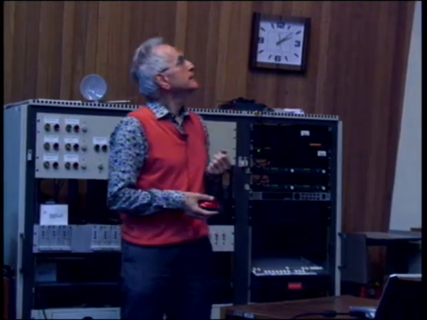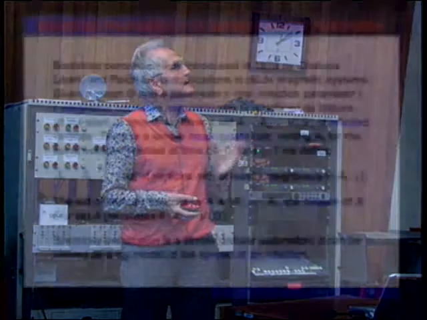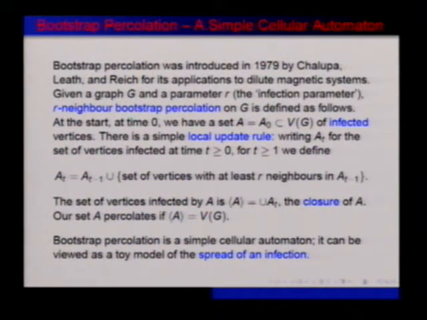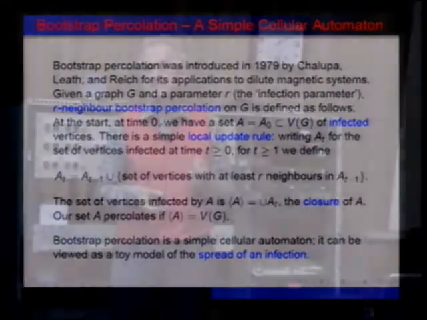Now let's turn to our main topic, an extraordinarily simple cellular automaton, which we'll call bootstrap percolation. That was introduced over 30 years ago, again for reasons to do with physics. So let's define bootstrap percolation, as it says on the slide. You start with a graph, the whole process takes place on the vertices or sites of the graph.